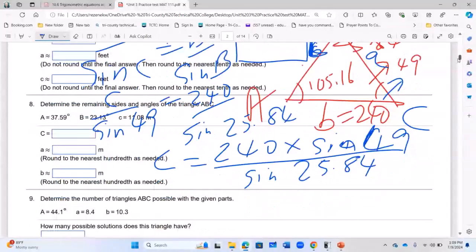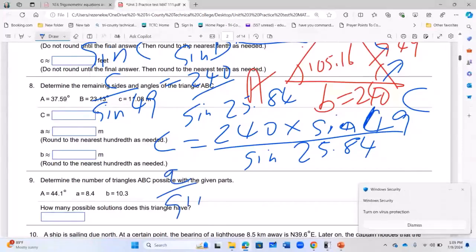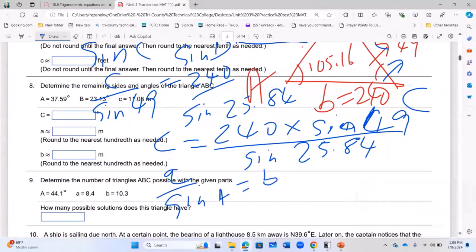Okay, so I'm just going to write an equation for sine A, for that A. And A is equal to B over sine B. I'm going to rewrite it.